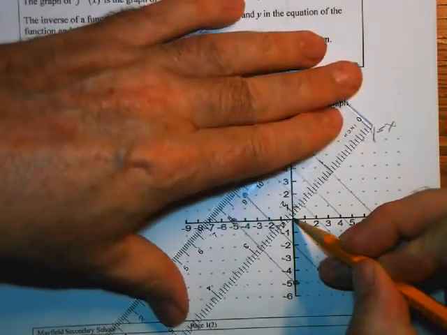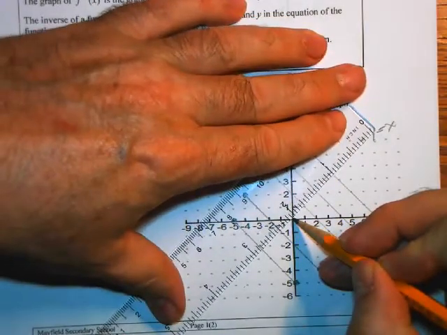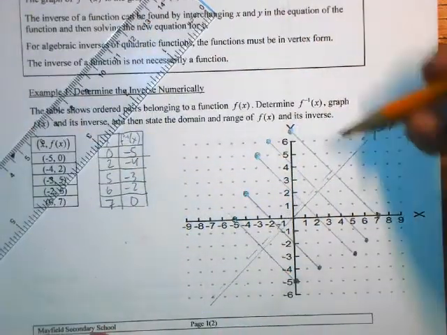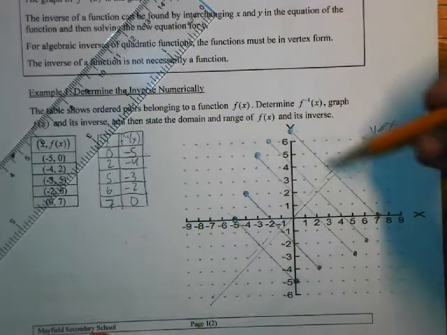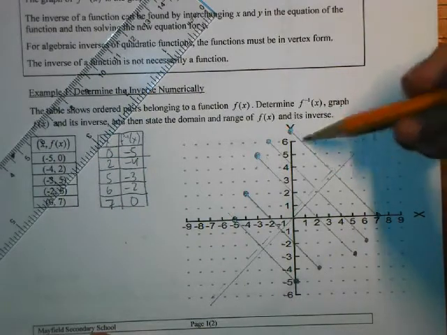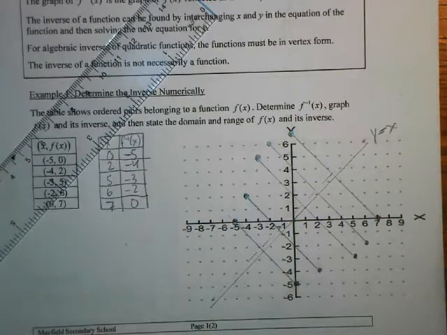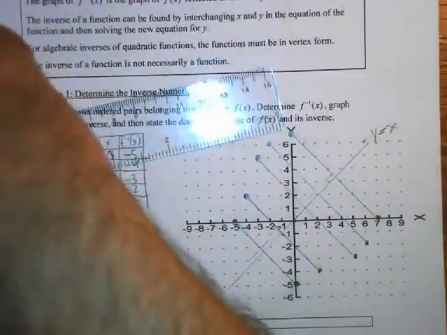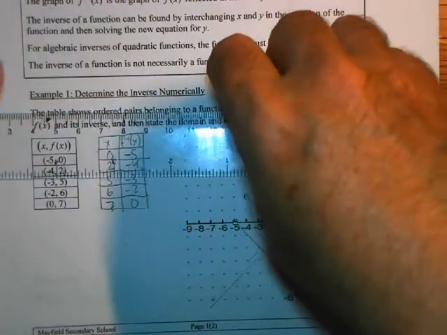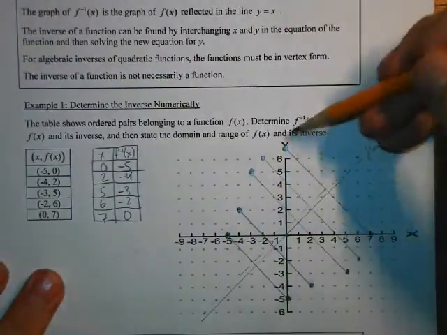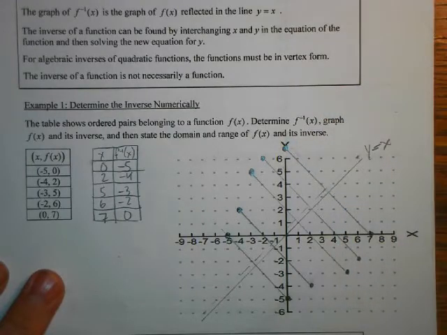So let me try to do a little bit of justice there. Anyways, these points are equidistant, meaning the same distance from this reflection line. And that's one of the characteristics of the inverse. Not only are you flipping the x and y coordinates, but when you plot the points, they're mirror points across this line y equals x.